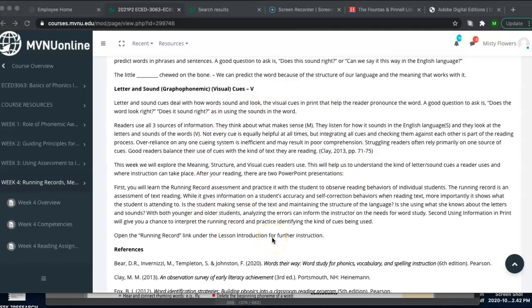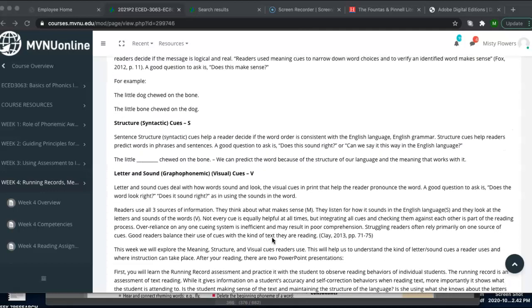For example, it might be that the actual word is with. The child may say will. That would be a visual error. The words are visually similar.